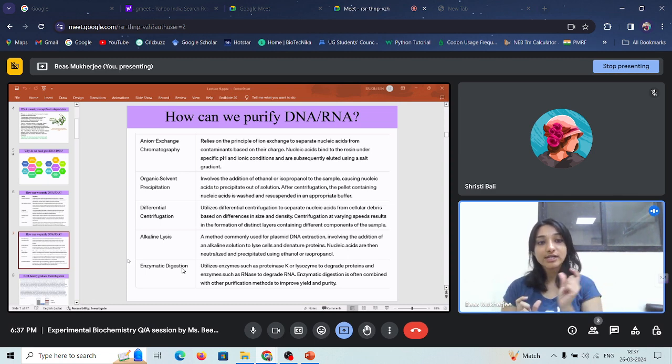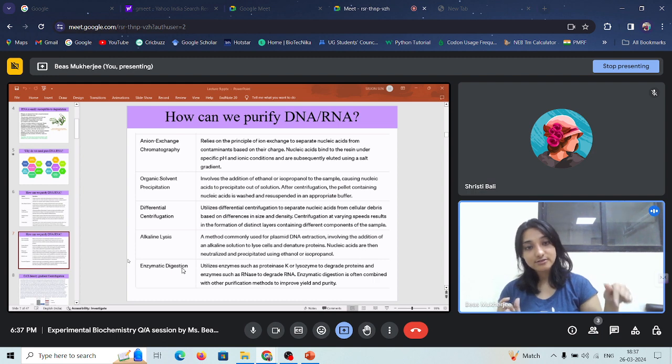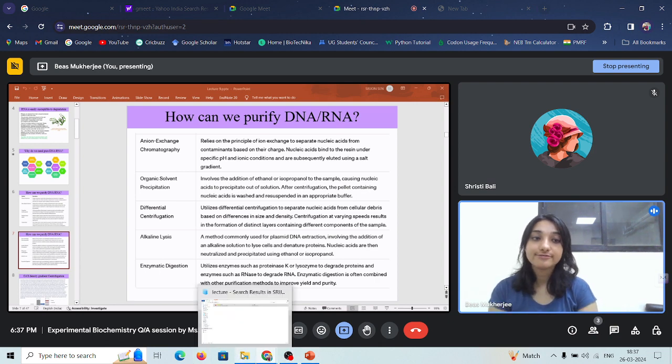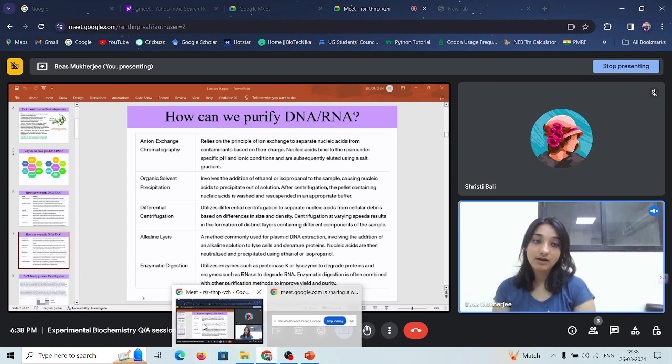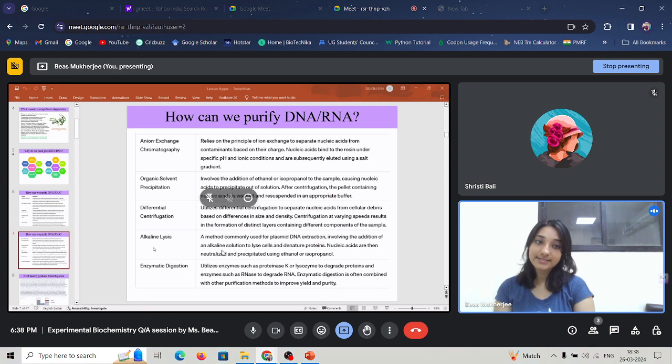Again, if you want only DNA, then you add RNase so that RNA gets chopped off. If you want RNA, you will add DNase into the solution, right? So enzymatic digestion is often combined with other purification methods to improve yield and purity. Okay. Now we will look at the different methods of DNA isolation in details.